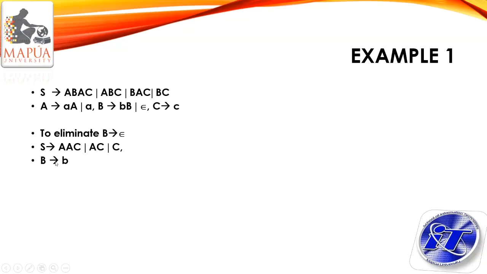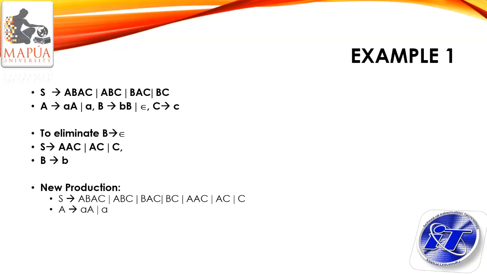So this is the additional rule for B. Our new production still includes the previous ABAC, ABC, BAC, BC for start, in union with the new start rules through B: AAC, AC, and C. Since A is not included in B, just copy the rule for A. For B now, it will be B yields to bB or terminal b.